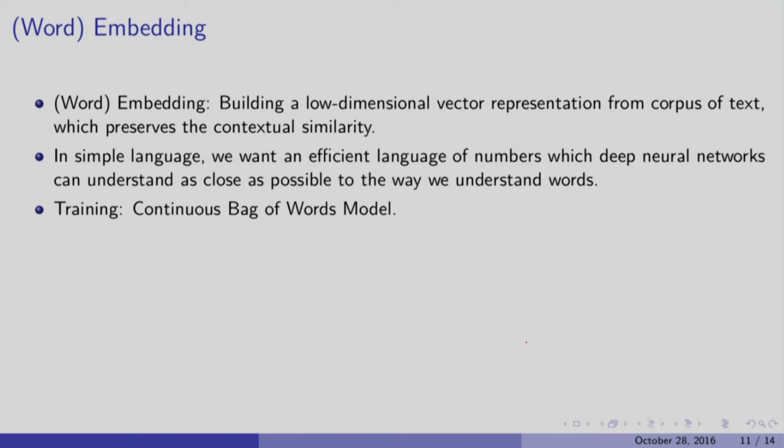So the basic idea of embeddings, or more specifically word embeddings, is to build a low dimensional vector representation from the corpus of text which preserves the contextual similarity. We want to be able to play with words as numbers, because numbers is what deep neural networks can understand.